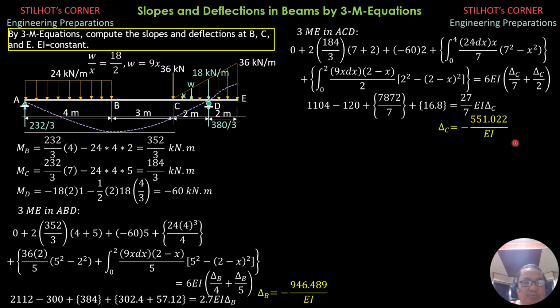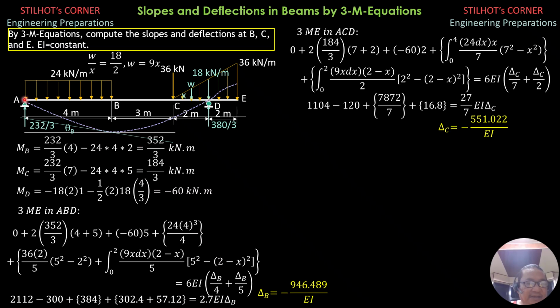Then for the slopes, since we can consider AB as shown, this is the tangent at B. If this is correct, then theta B is negative because it is directed down to the right or up to the left, or the tangent is clockwise from the horizontal line through B. Clockwise.